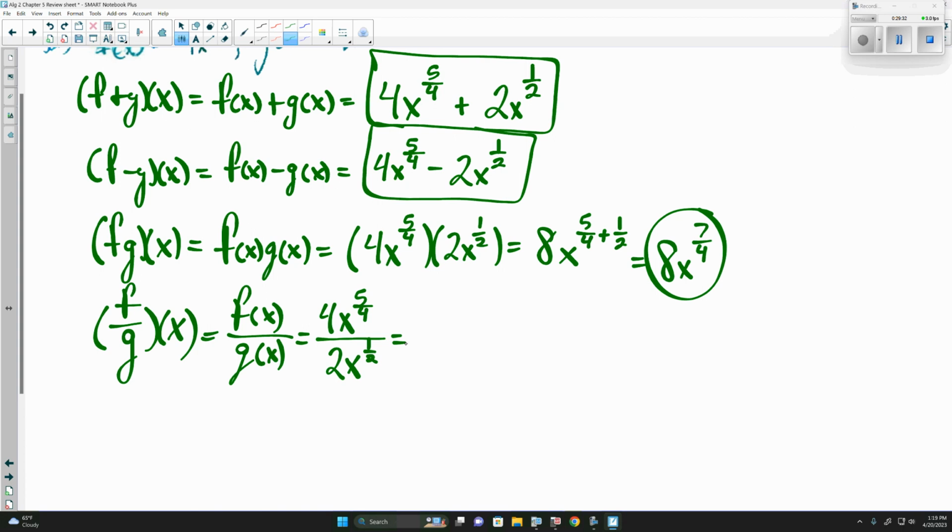Now at this point, we can divide, yes? 4 divided by 2 is 2. 5/4 minus 1/2 is 3/4. If the numbers don't divide evenly, we'll leave it as a fraction, and then put x out to the side.